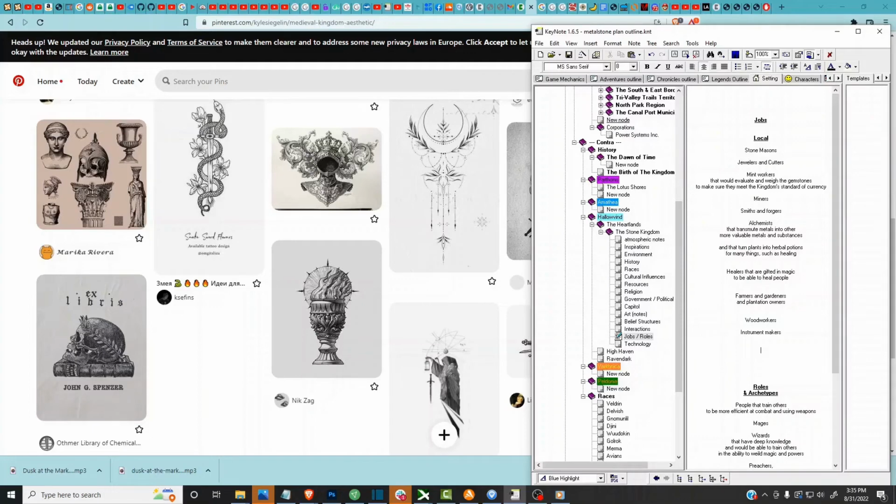And of course, another important job that I touched on earlier would be guards. Not only typical city guards, but maybe even monster hunters. Maybe these monster hunters take bounty to kill certain monsters that have been terrorizing a certain settlement, for example.